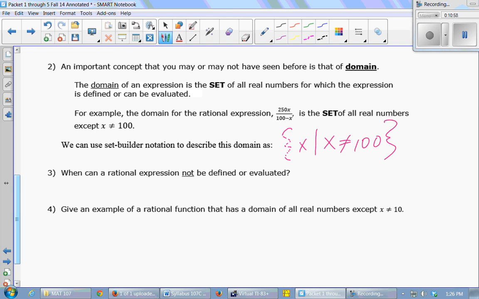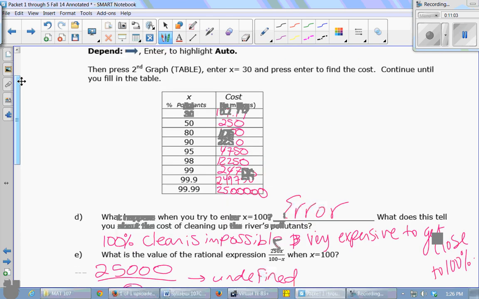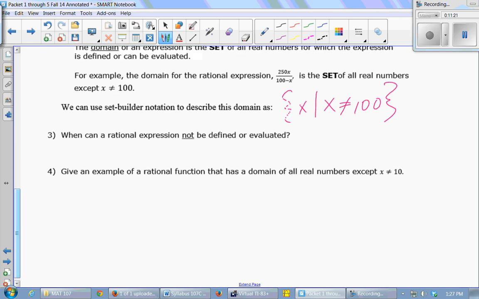Oh, okay. So for our purposes, where that thing was representing percent, you can't remove more than 100% of the pollutants in a river. So the real life domain will often use different words for a real life situation and for an abstract mathematical situation. If we were using this expression to describe the real world domain, I would have written it as the set of all x's such that x is less than 100 and bigger than or equal to 0, because you can't remove more than 100% of stuff.